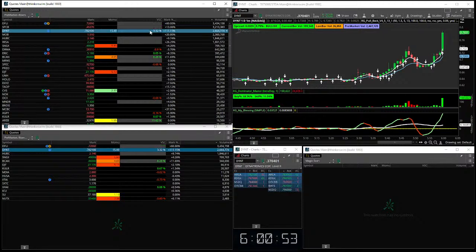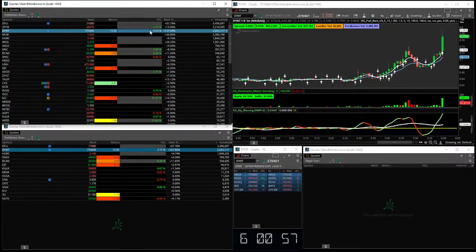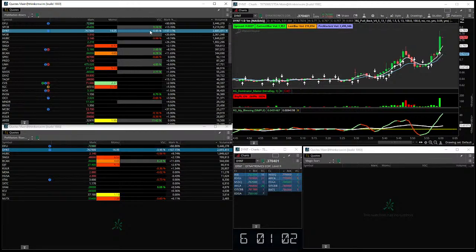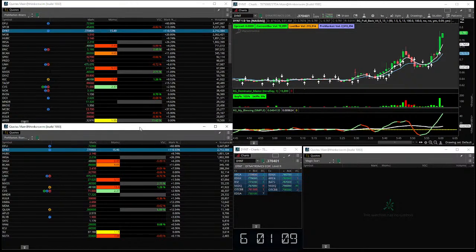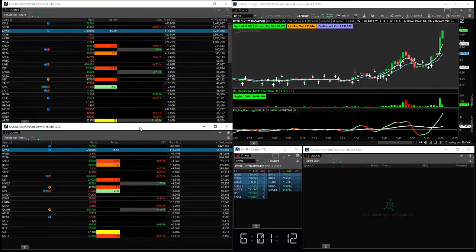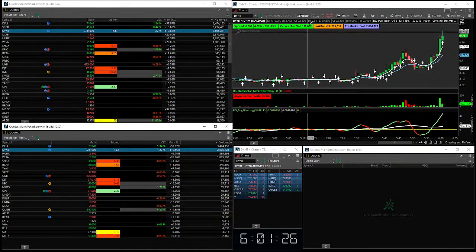Moving up slowly. Still rising slightly. Current bar volume looks pretty good.